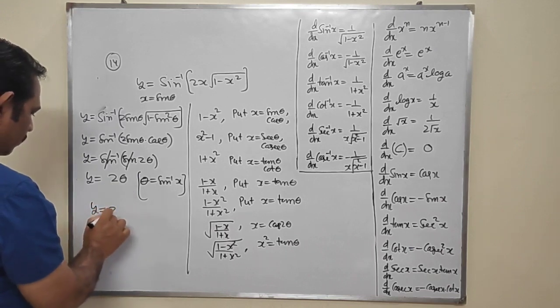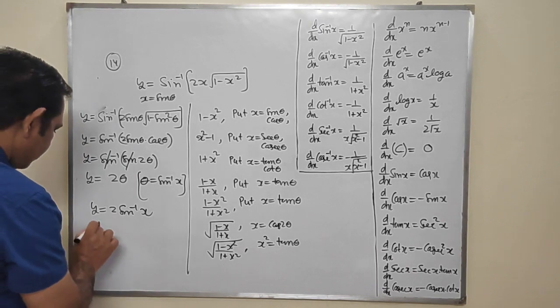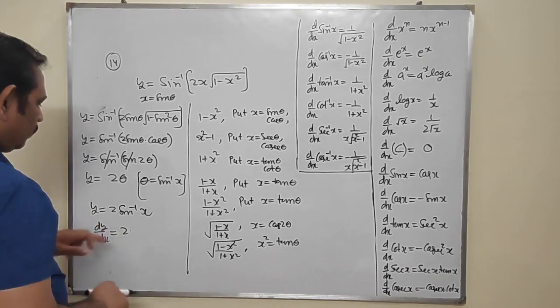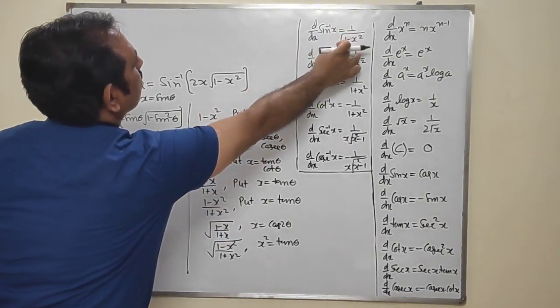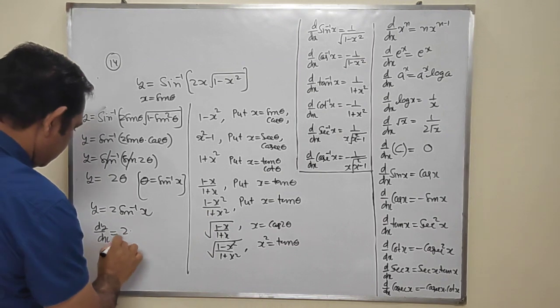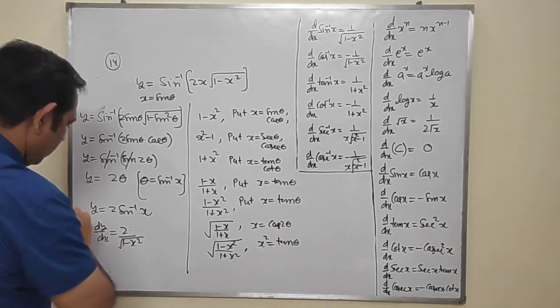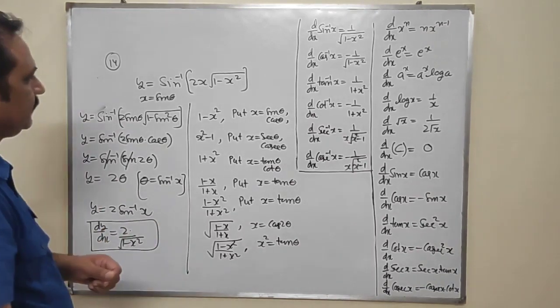Y is equal to 2 sine inverse x. Now differentiation: 2 into the differentiation of sine inverse x, which is 1 upon under root 1 minus x square. So this was the final answer of this question.